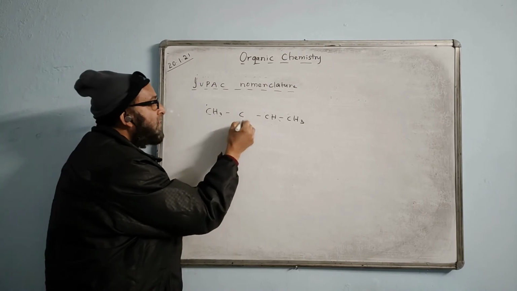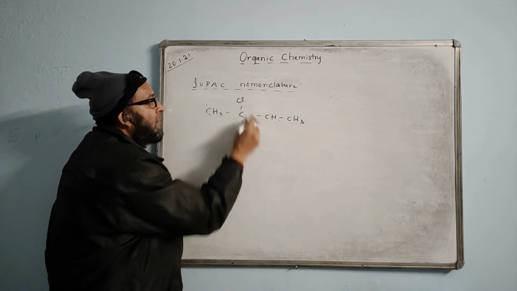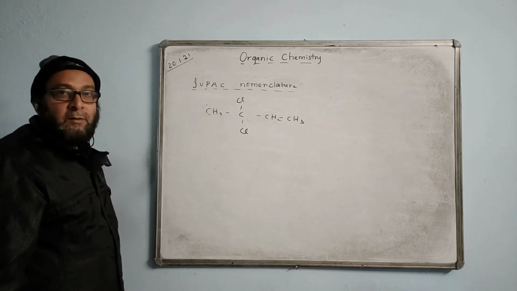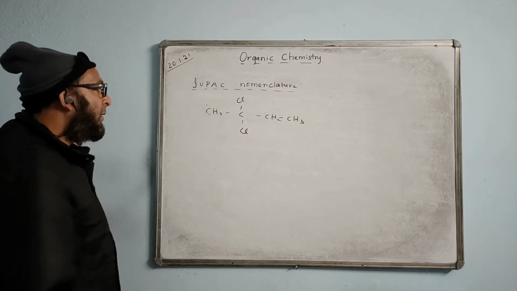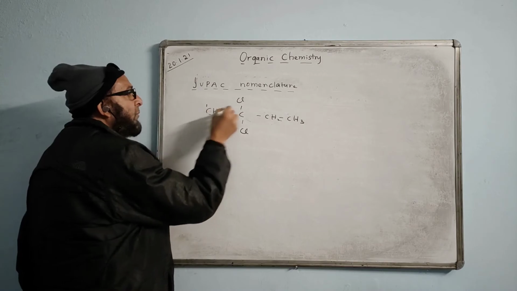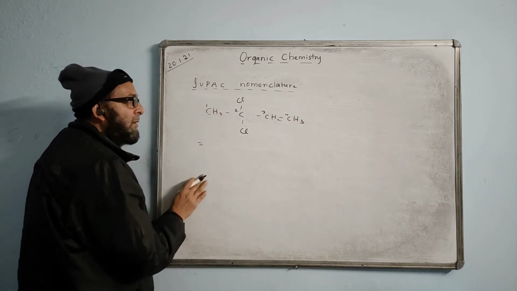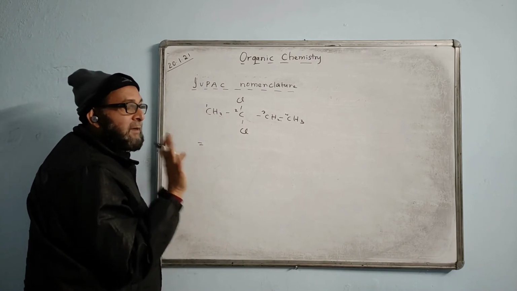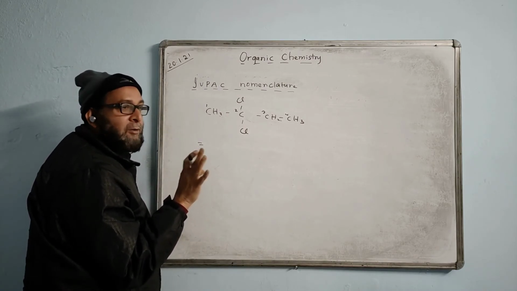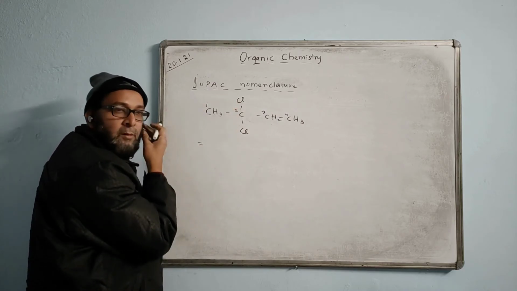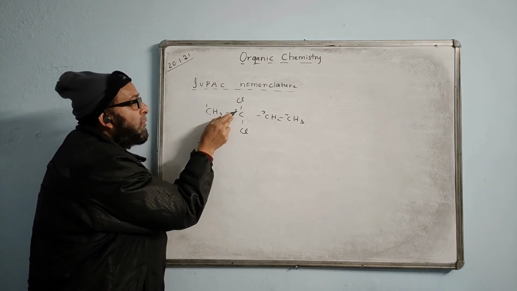Okay. Now another one, just have a look at it. I give Cl, and here also I give Cl. Now let us give the name of this. What name do we give? First, 1, 2, 3, 4. Give the number first. Okay, fine, just listen. When you have something below and above also, we have to repeat the number.